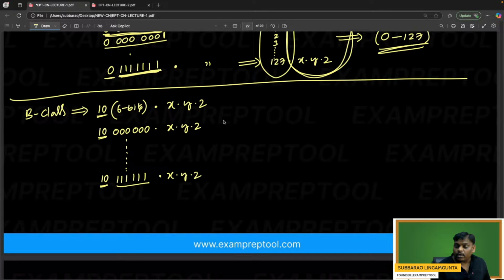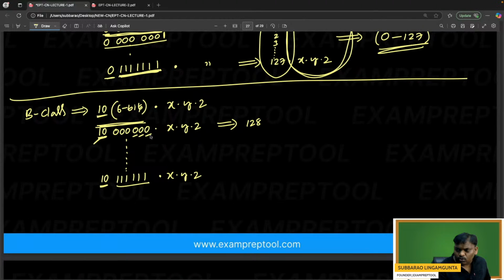Now if you observe clearly, please say the equivalent decimal value. Because these are all zeros, you need not bother. It is 2 power 0, 2 power 1, 2 squared, and so on. 2 power 7 means 128. Convert this binary number into decimal.